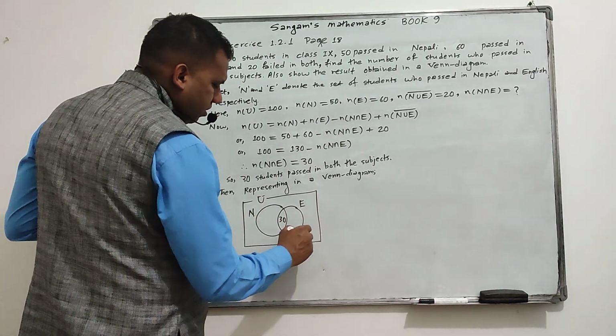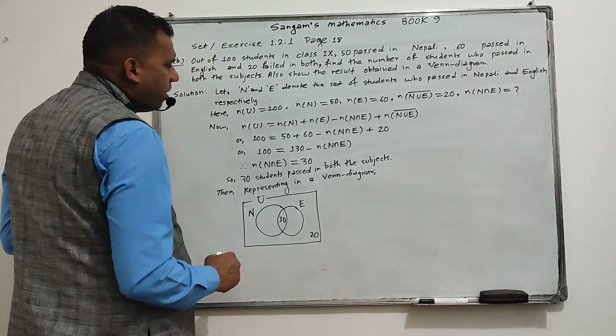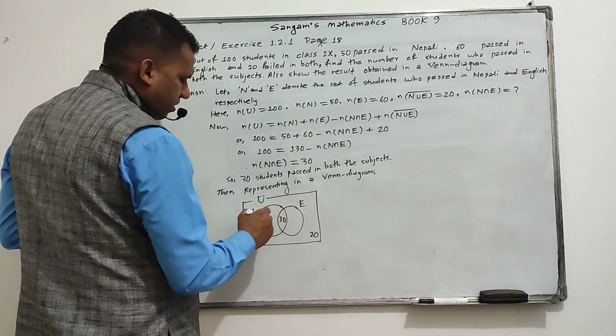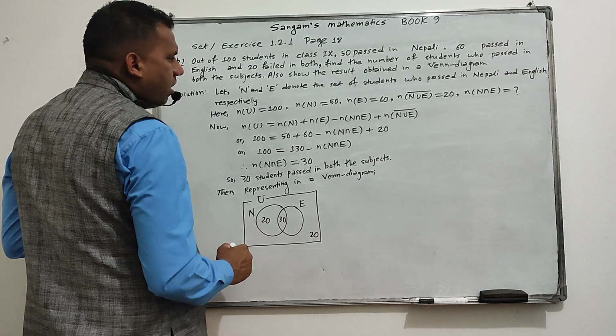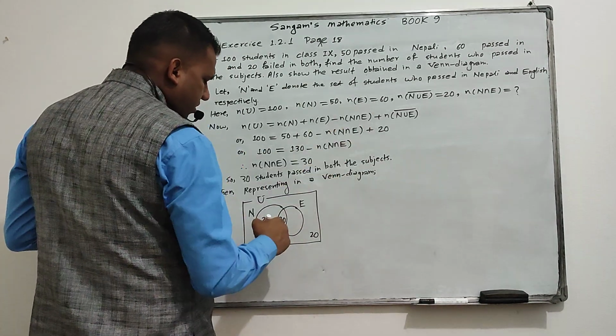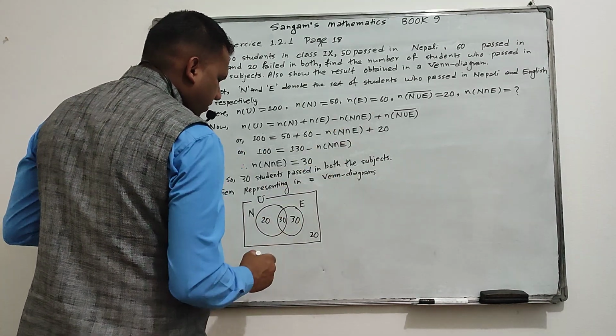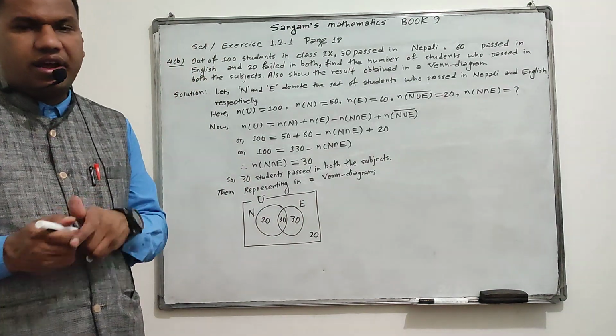The complement data is 20, putting over here. Only N is 50 minus 30, that is 20. Only E is 60 minus 30, that is 30. This is the required Venn diagram.